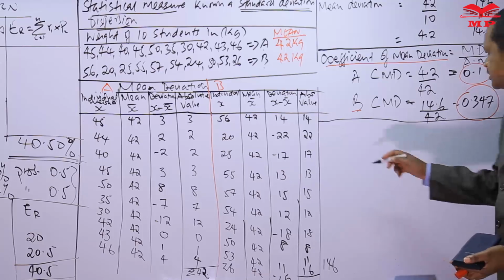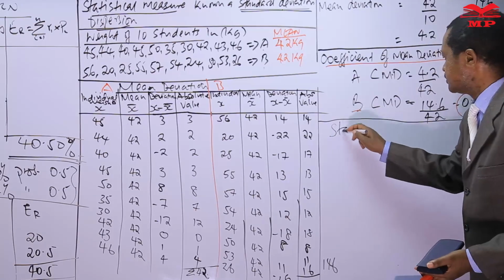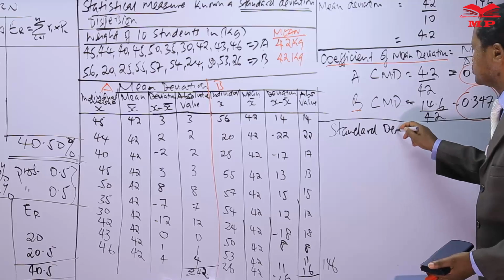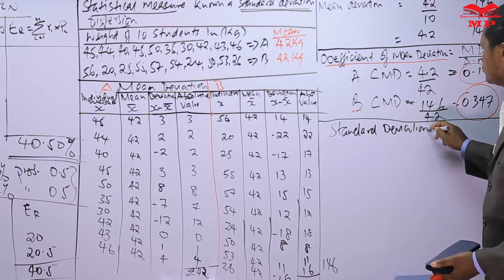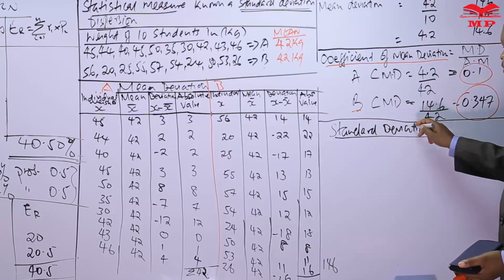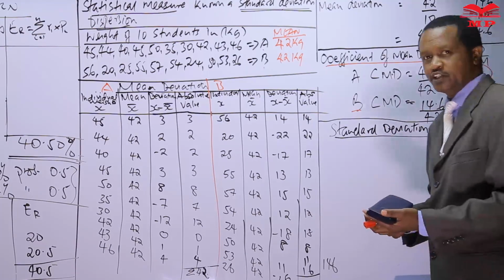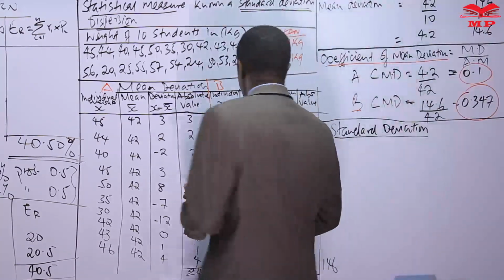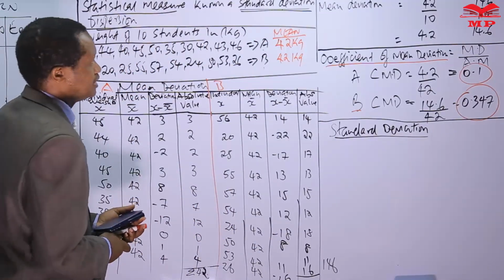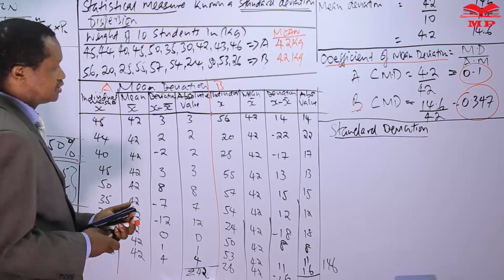Now we want to calculate the standard deviation. The standard deviation is another measure of dispersion, just like the mean deviation.